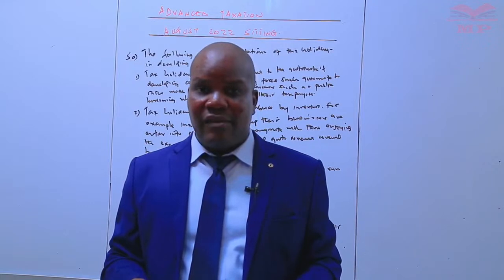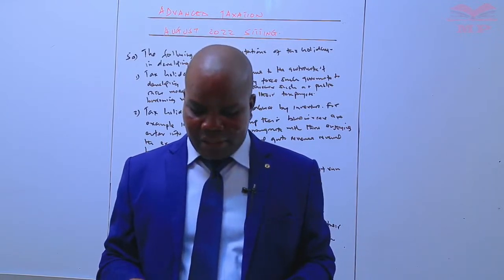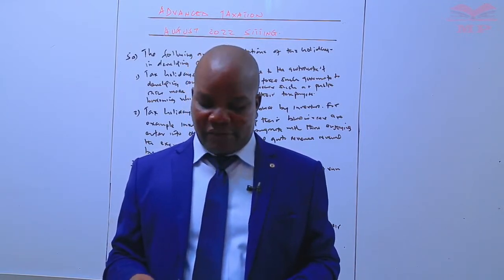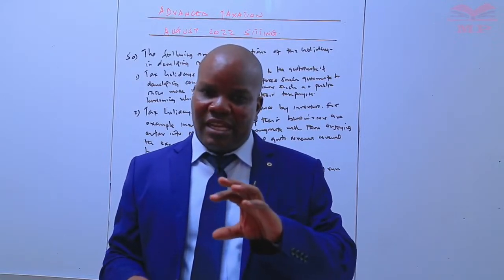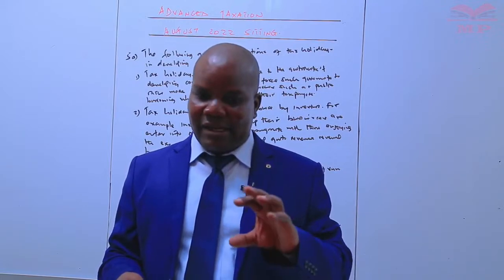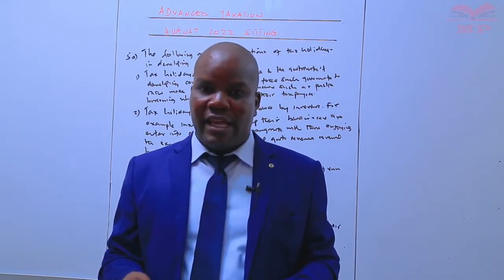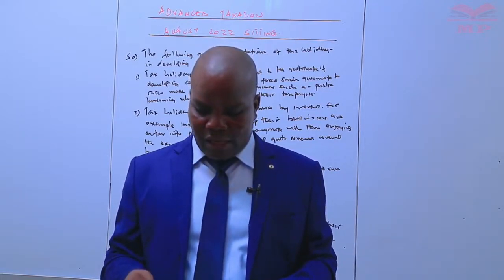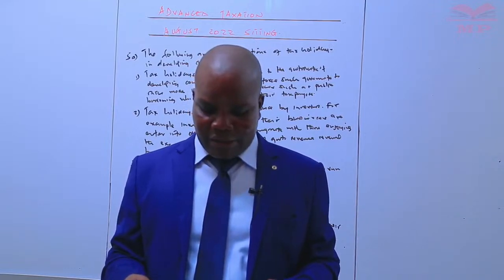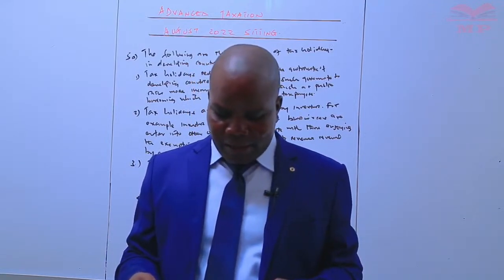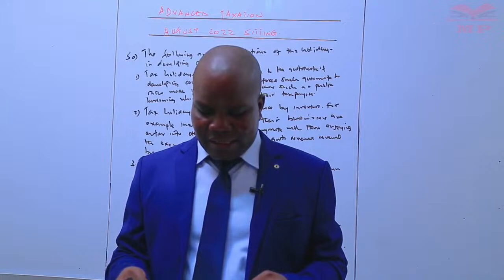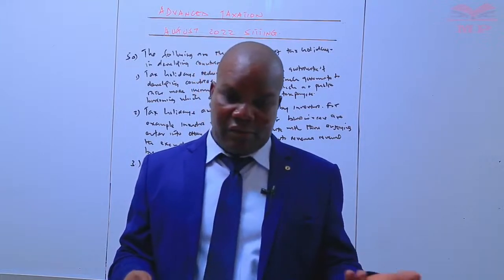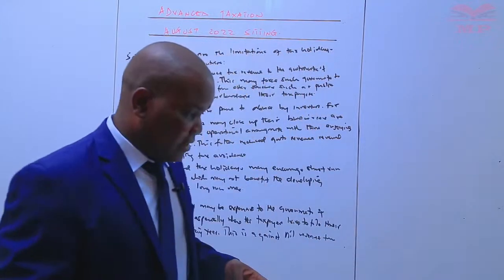One is the level of tax evasion in the country, and 2, the level of tax avoidance in the country. So any measures to minimize the level of tax avoidance and tax evasion in the country would help achieve tax collection targets in any country. So here we are asked to explain any 4 factors that might have led to the achievement of tax collection targets in Kenya by our Revenue Authority. Of course, our Revenue Authority in Kenya is the Kenya Revenue Authority.